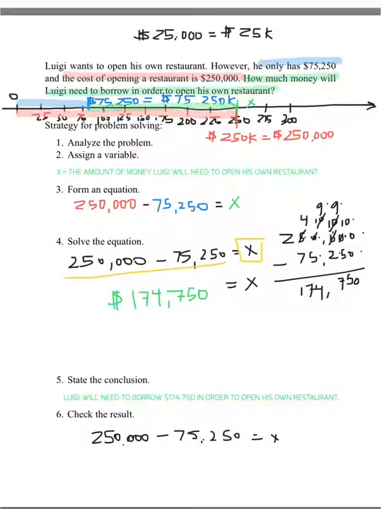However, now we know that x is equal to 174,750. So on the left-hand side, all we need to do is simplify that, and we already showed that to be 174,750. So ideally we end up with the same thing on both sides of the equation. And since we do have a true statement, our solution is indeed correct.